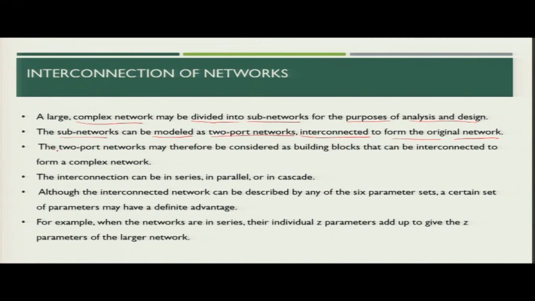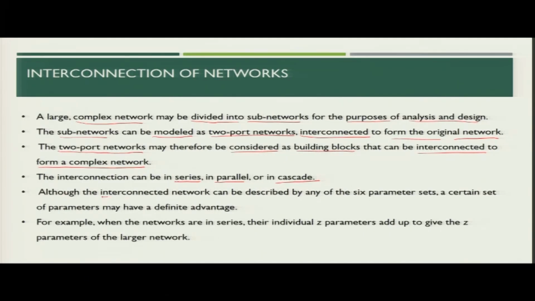So, we can now say that two port networks can be considered as building blocks that can be interconnected to form a complex network. As we discussed, interconnection can be either in series, parallel, or in cascaded format.